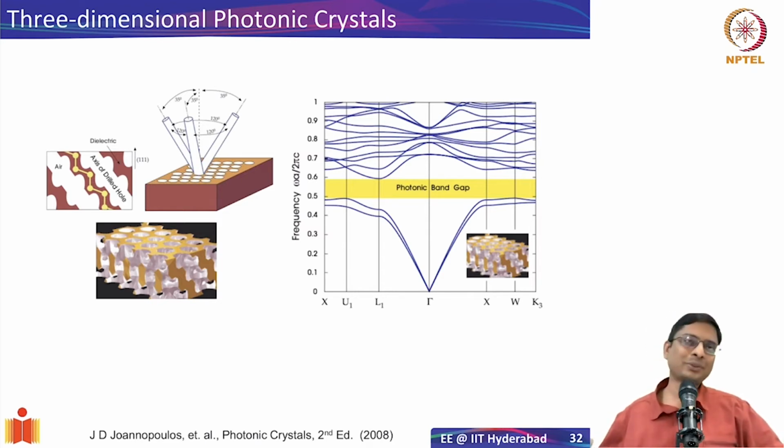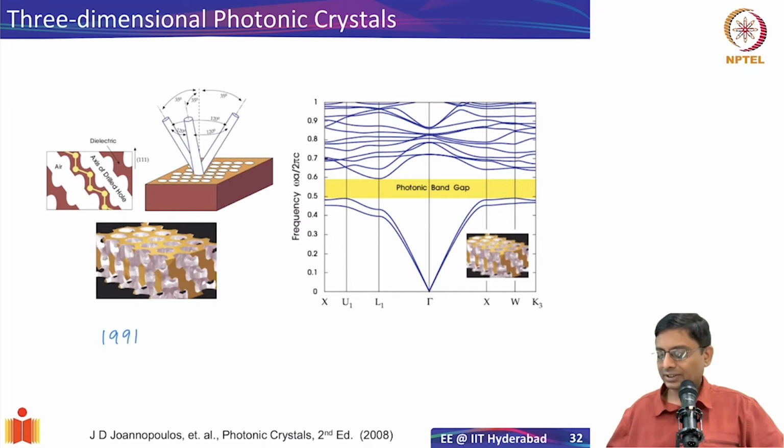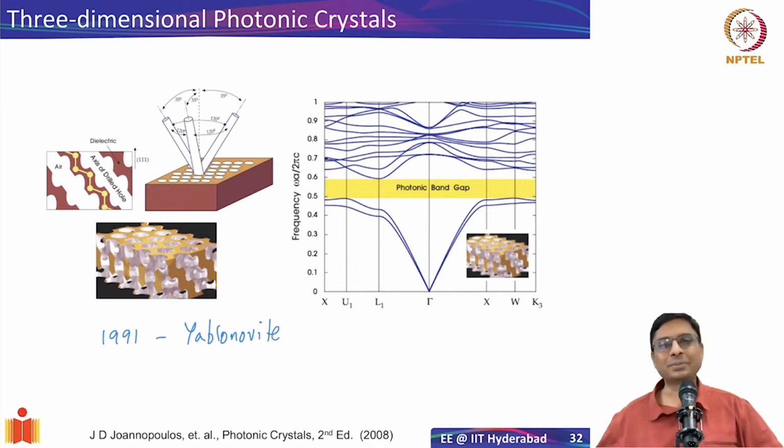Of course, this involved a lot of analysis in the background, a lot of unique insights, and Yablonovitch proposed this, and I think in the year 1991 it was demonstrated, and this structure was called Yablonovite, basically just to pay homage to the person. He's an amazing engineer, and if you ever get a chance to read his research papers, you'll learn how to write a research paper.